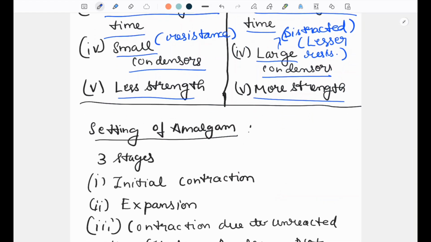Setting of amalgam. After the amalgam is placed, we do the finishing and polishing. We will see a picture of how they finish and polish. Polishing is done using rubber disc shaped burrs, small burrs, which can be used to polish the amalgam.